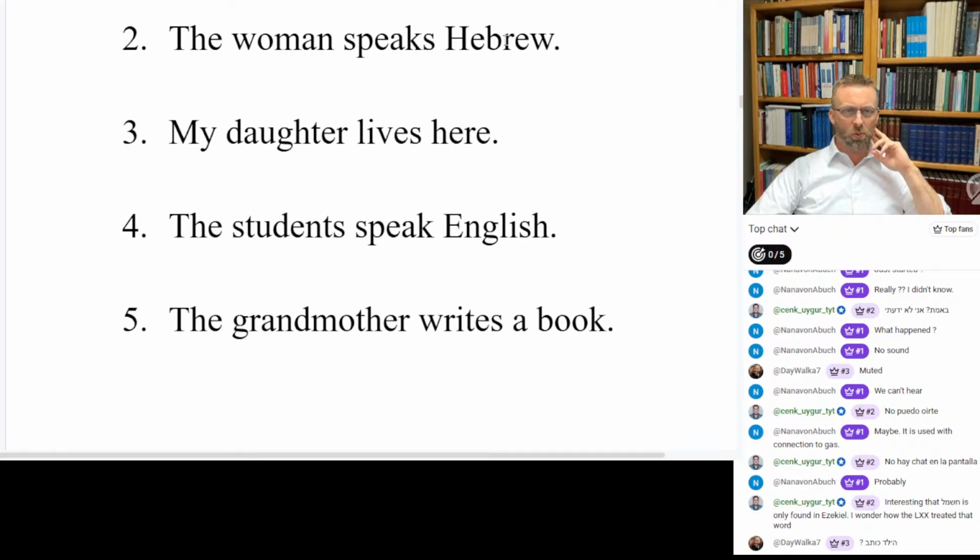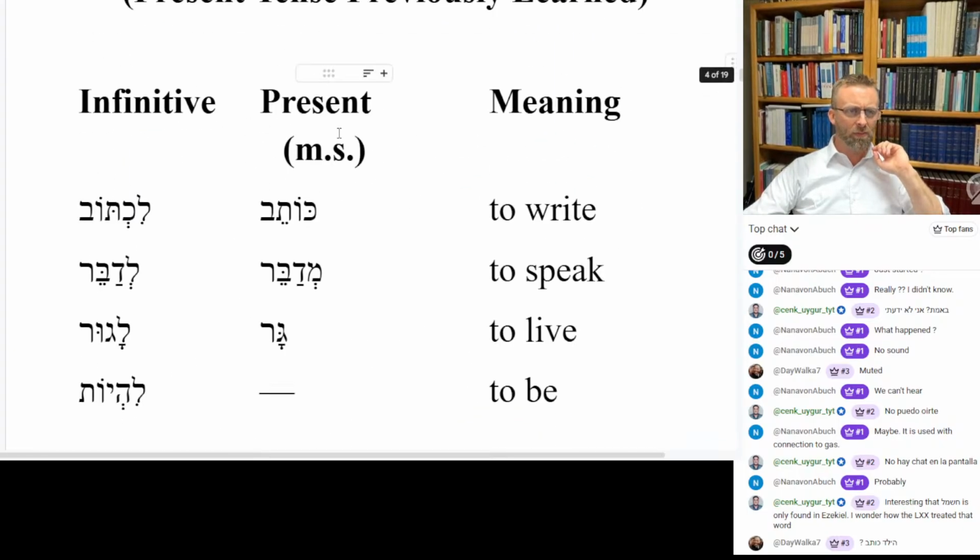So let's start with Hebrew, and we said that was going to be Ivrit. And then the woman we said is Ha-Isha, the woman. And then speaks, we said Midaber.